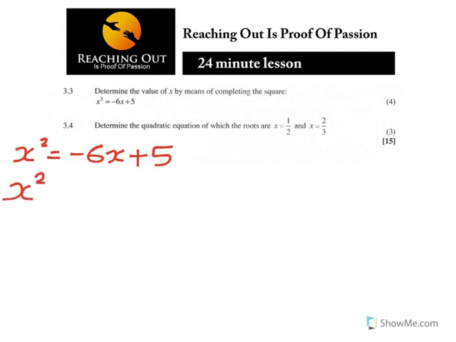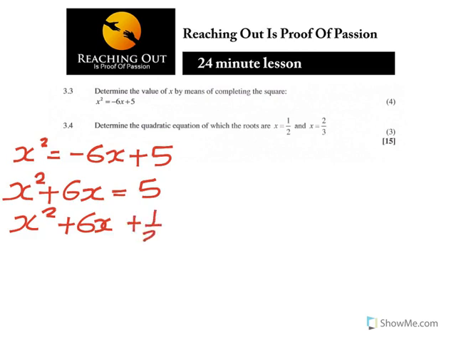So now what you do first is to take this negative 6x back to join the x. It will be a positive 6x is equal to 5. And then when you have done that, now let's complete the square. It's x squared plus 6x plus half the coefficient of x, which is half of 6.